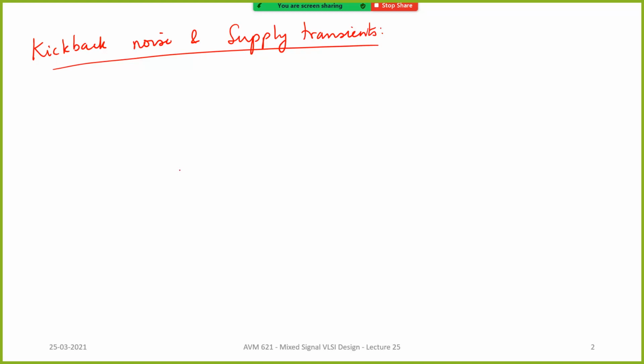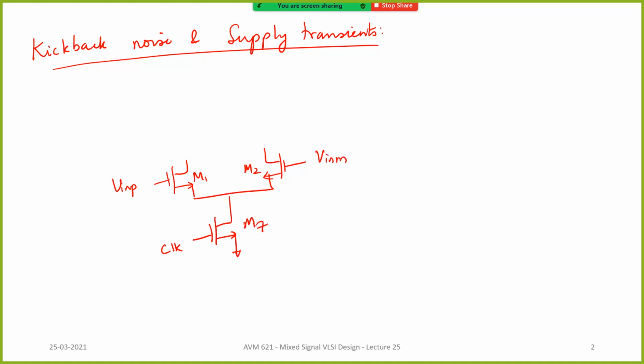Let me draw the input section of our strong arm latch. Following the same convention as the previous class, let's say this was M1, this was M2, and this was your V in P, this was V in M. Let's call this M7.